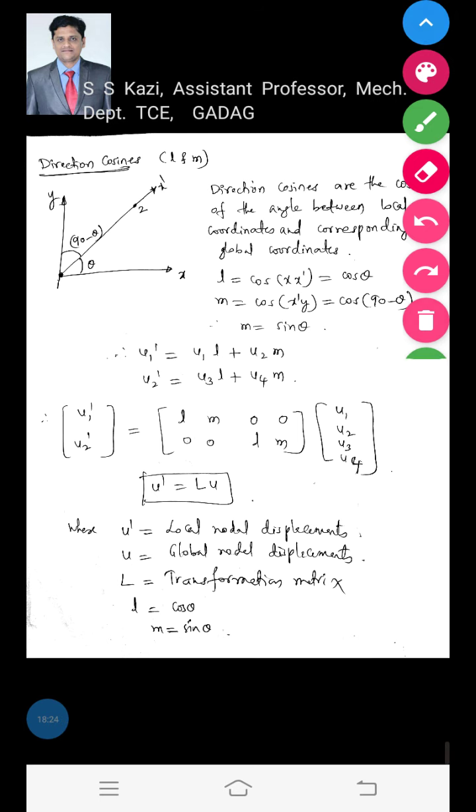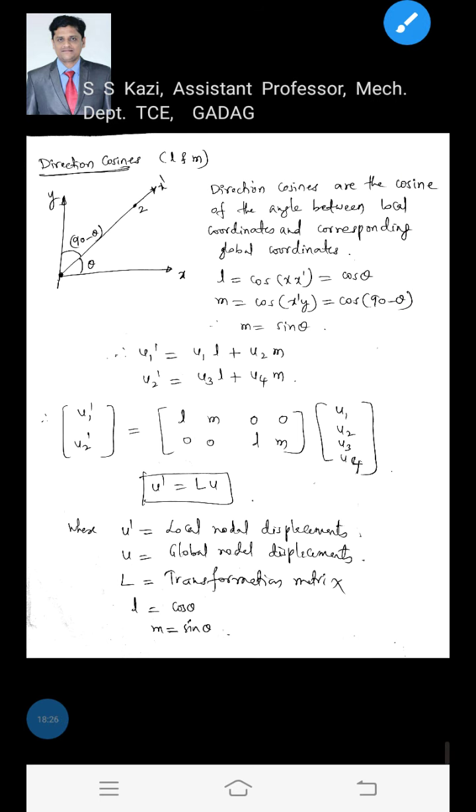What are direction cosines? Direction cosines are the cosine of the angle between local coordinates and the global coordinates. First, L is equal to the cosine of the angle between x and x dash, that is the global coordinate and the local coordinate, which is cos theta.